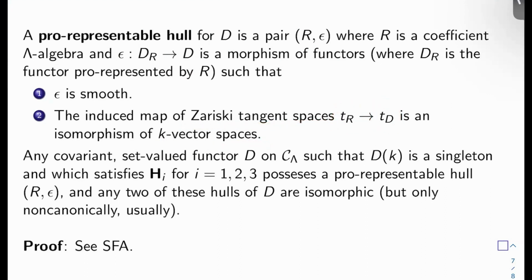Any covariant set-valued functor D on C_Λ such that D(K) is a singleton and which satisfies H_i for i equals 1, 2, and 3 actually does possess such a pro-representable hull (R, ε). And actually, any two of these hulls of D are isomorphic, non-canonically usually. And again, you can see Schlesinger's paper for more information about this.